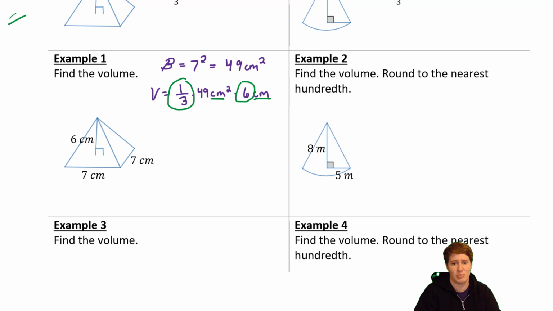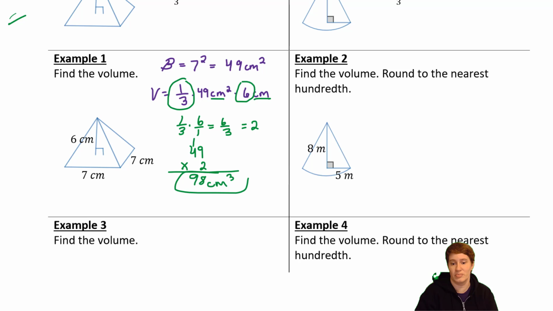If they're not divisible by 3, I don't think it actually makes it any shorter to do 1/3 with either of these first. So I'm going to do 1/3 times 6/1, which gives me 6/3, which is just 2. And then I'm going to do 2 times the 49. So 49 times 2, which gives me 98. So the volume of this pyramid is 98 centimeters cubed.